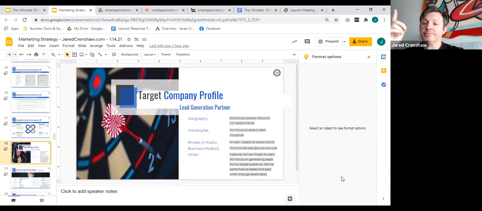So, for B2B target markets, you're giving detail at two different levels. One is at the company level, which is what we've done right here that you see on the screen. So you want to understand the companies that you're going after, and fill out as much of this information as you can.